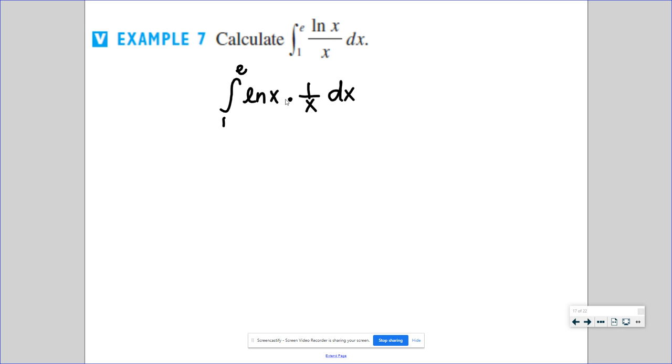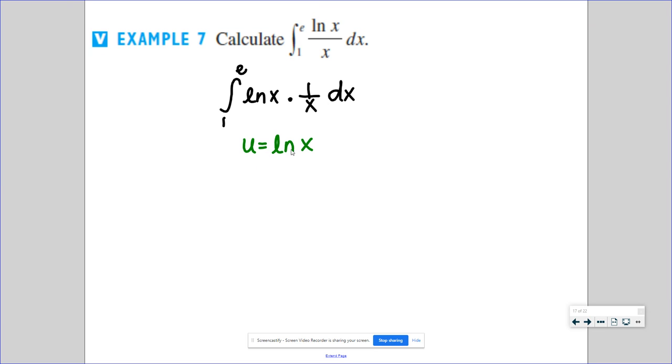Okay, so ln x times 1 over x is the same as this, right? I think this is going to help me a little bit with establishing what I want u to be. So it's not a traditional problem because the denominator, if I were to make that my u, then the derivative would be 1 and I would have nothing to do with this. Okay, so bear with me, watch.